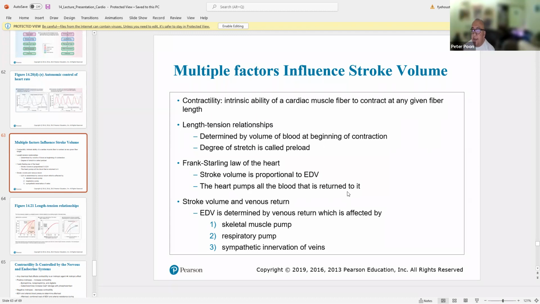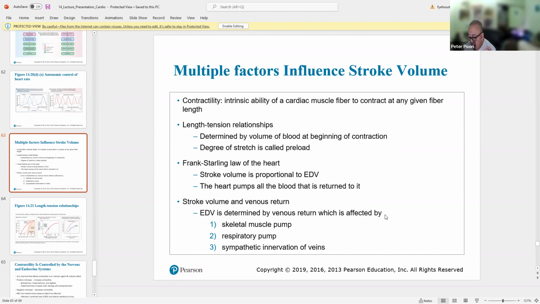So the EDV is determined by venous return, because to get blood, the heart has to get it from the veins. So venous return is the dominant thing that determines how much blood gets into the heart and therefore how much blood comes out of the heart.